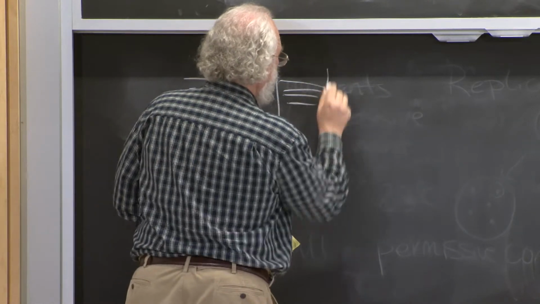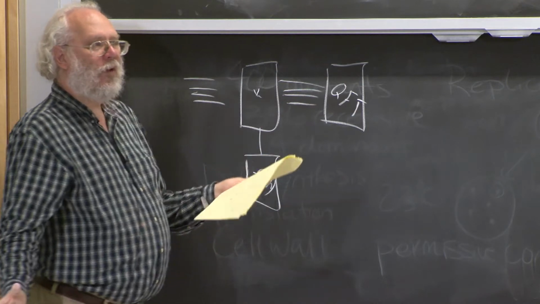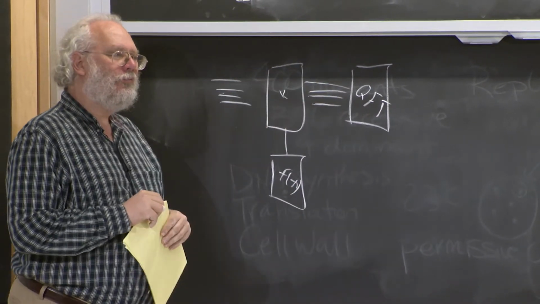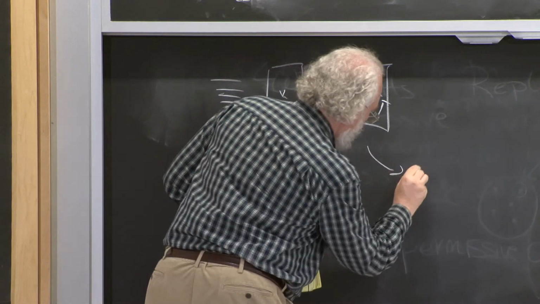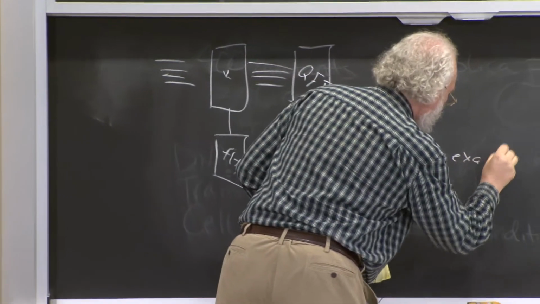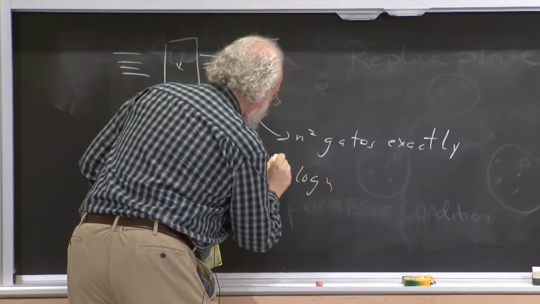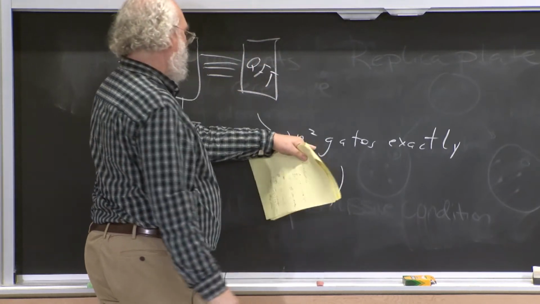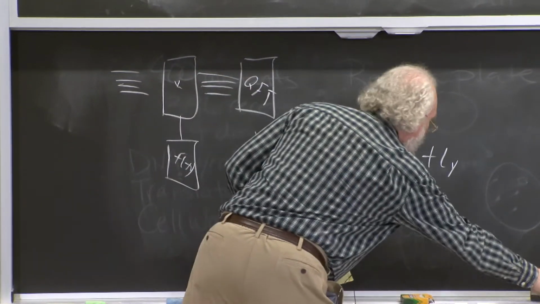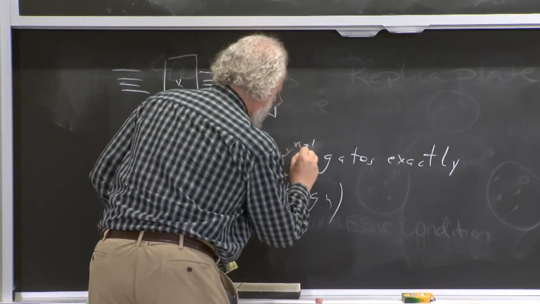Then we have a quantum Fourier transform. Remember, if we had the quantum Fourier transform on n bits, it took n plus 1 choose 2 gates exactly.